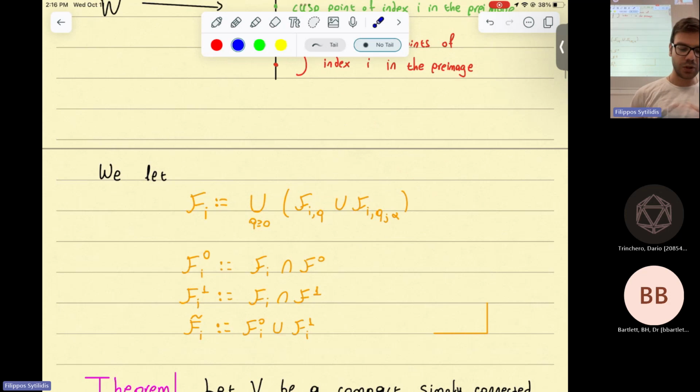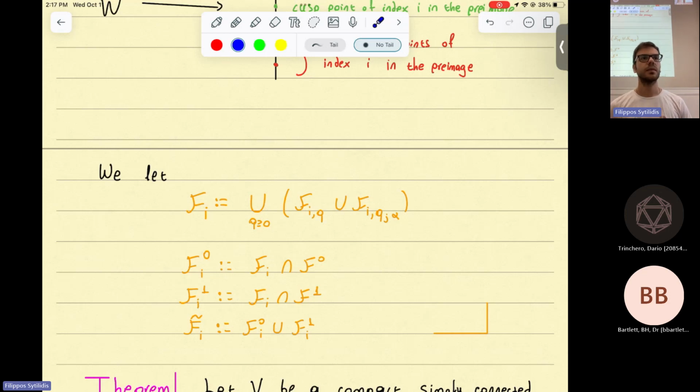And then I'm looking inside here, and I'm putting a superscript 0 for all those that happen to be excellent Morse, so no two critical points have the same critical value, and a superscript 1 for all those that contain a cusp or a crossing. And I'm also denoting by f tilde sub I the union of the previous two. That's a bunch of definitions.